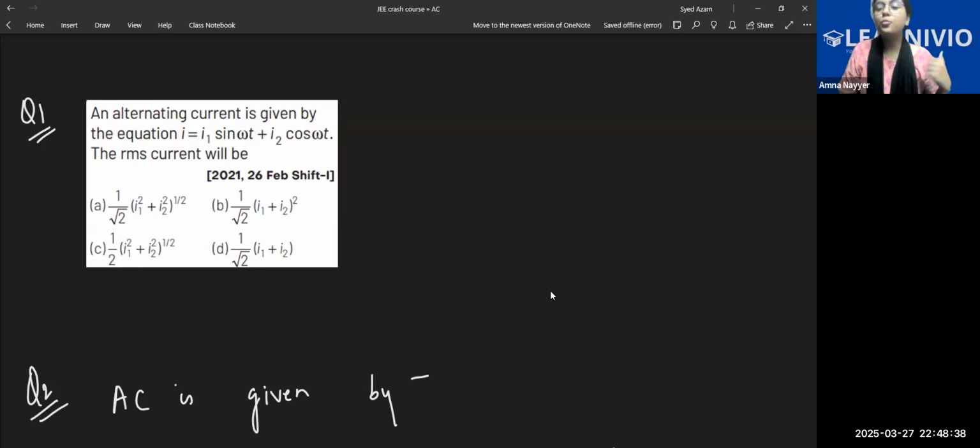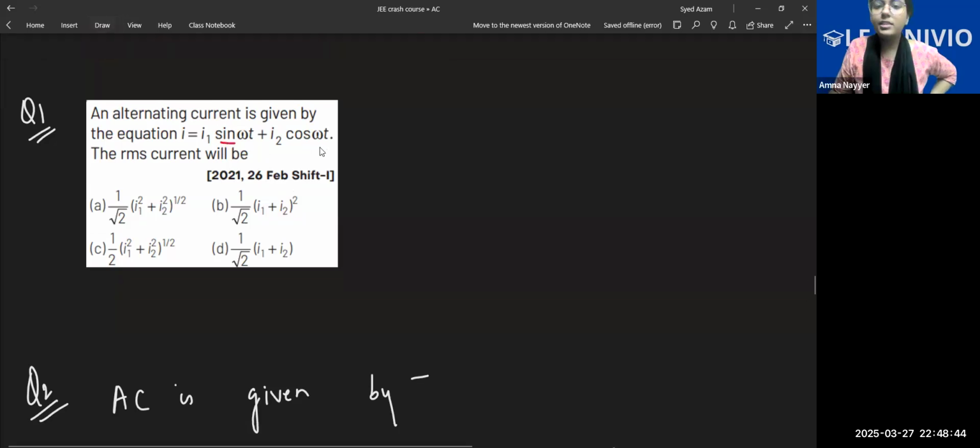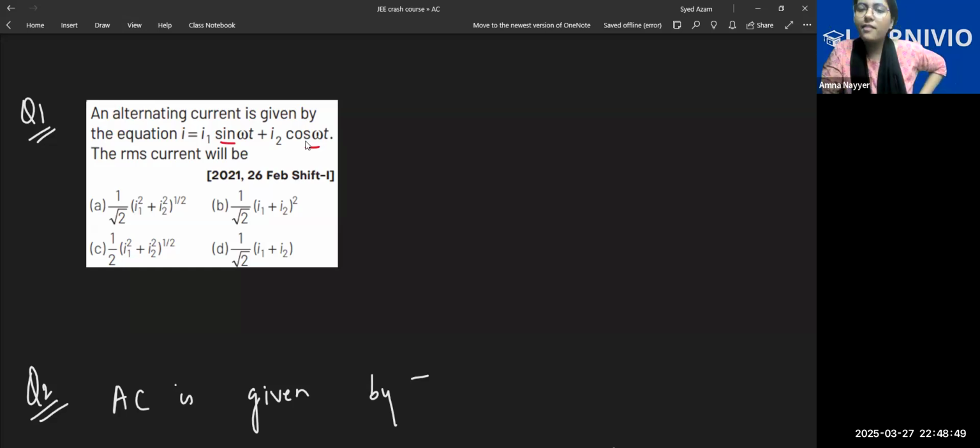So this is the superposition of the alternating current. These are the two values. Now, to solve these, convert one into another. Let's convert this. This can be written as I2 sine omega t plus pi by 2.